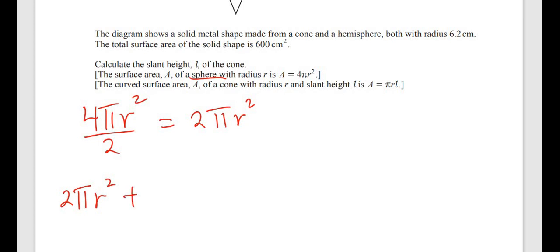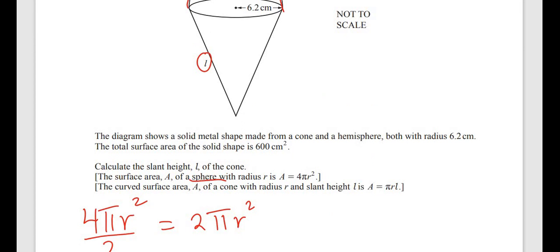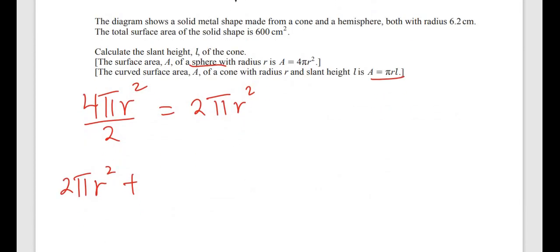Plus the surface area of the curved surface of the cone, the formula is given, which is pi times the radius times the slant height, pi r l. When you add that, we're supposed to get 600 centimeters squared. So we need to work out the value of L.